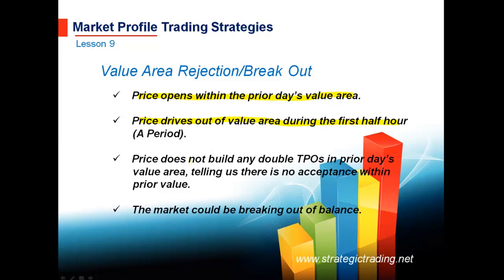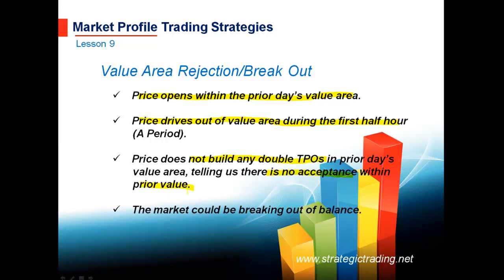We will not get any buildup of double TPOs as we did when we had the acceptance. So you won't see any AB next to one another in the prior day's value area. And once again, this confirms for us that there was no acceptance within the prior value area.